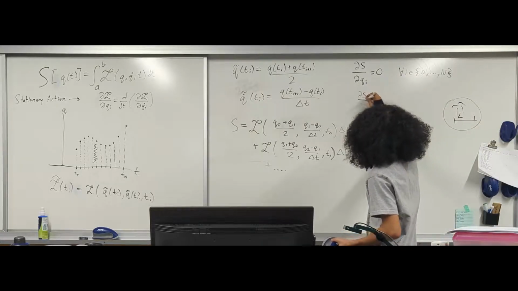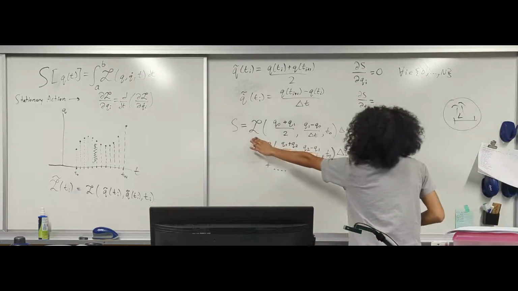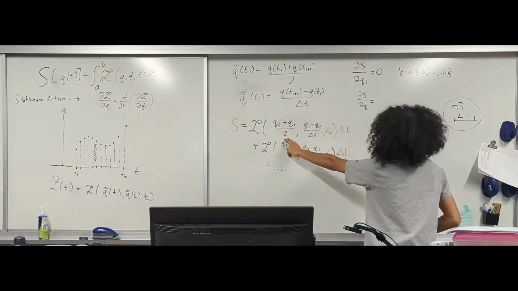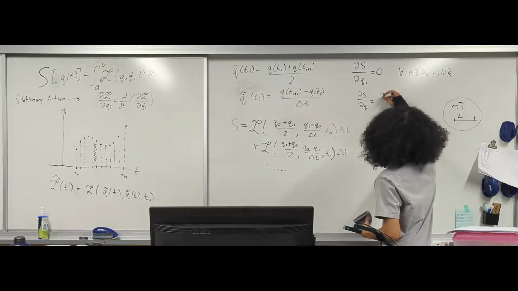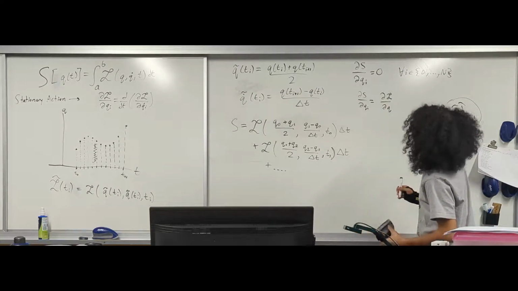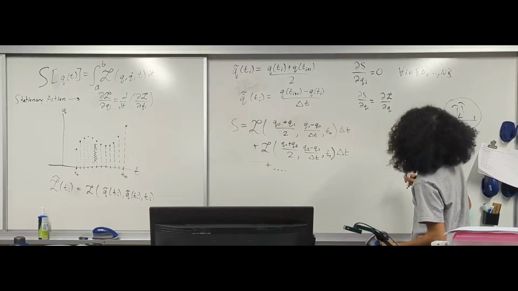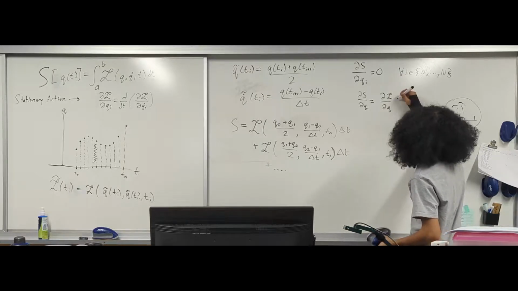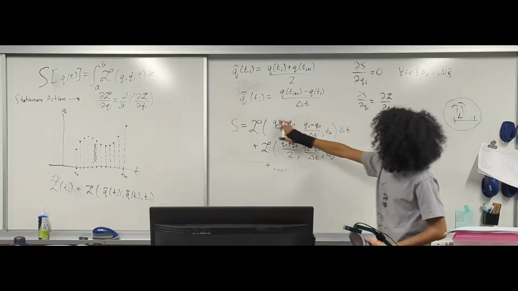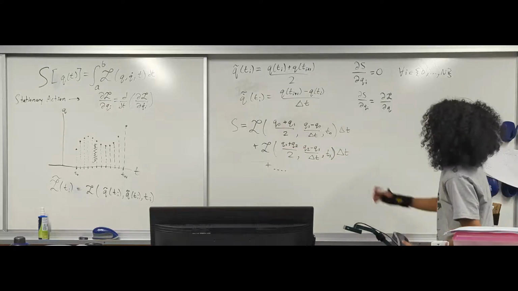So dS by dqi will be equal to, so we get this first Lagrangian term, qi affects the position, so we get dL by dq, and then the derivative of what we enter into the position with respect to qi, which would be 1/2.